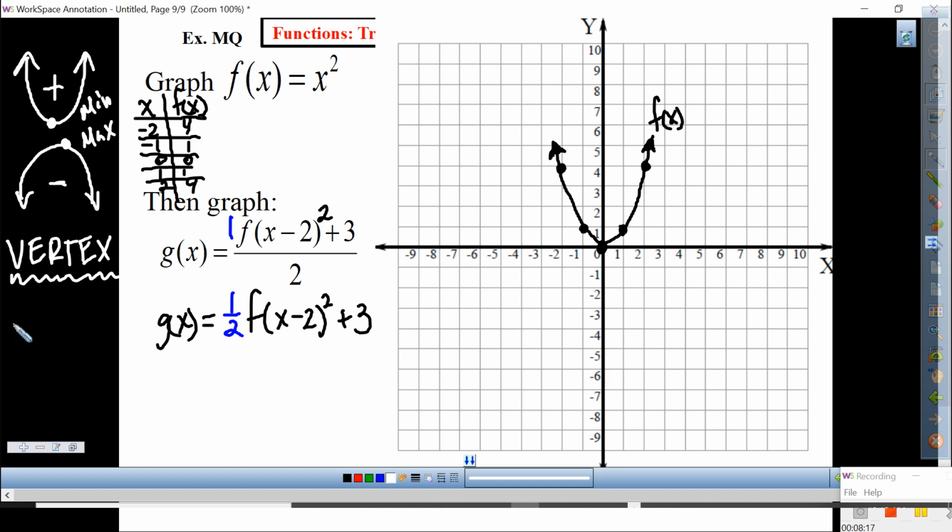Question. 2/3 times 5. Isn't that the same as 2 times 5 over 3? Yes, right? You're saying, I don't see it, Mr. Q. Well, there's an invisible 1, so that is 2 times 5, 3 times 1 is 3. Okay, there it is.